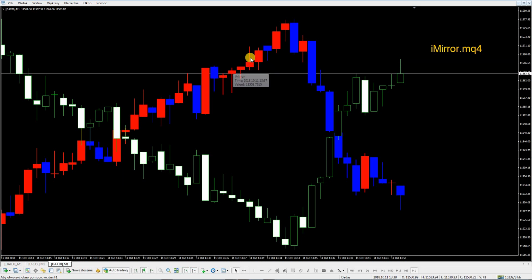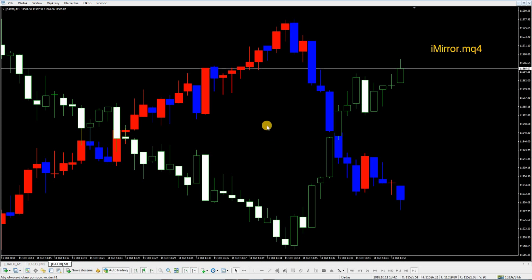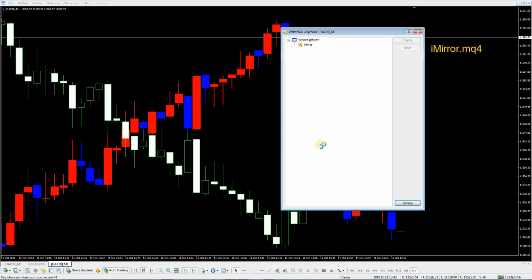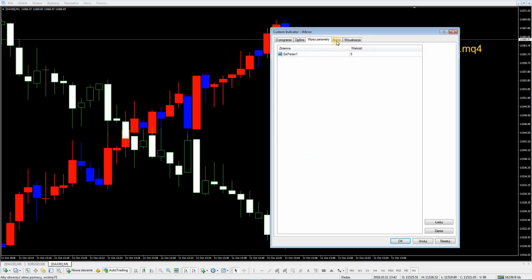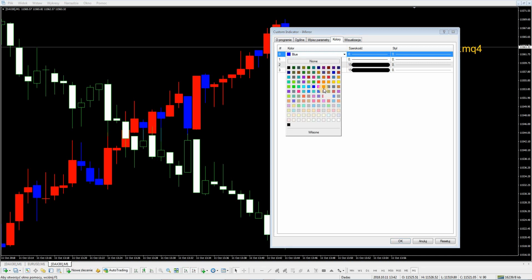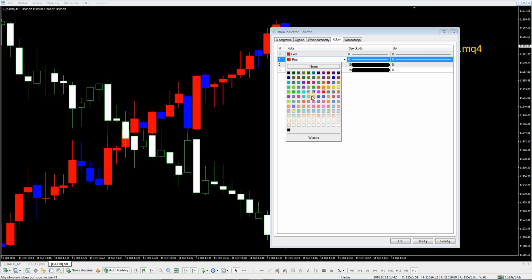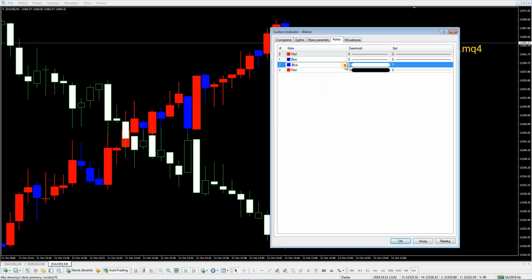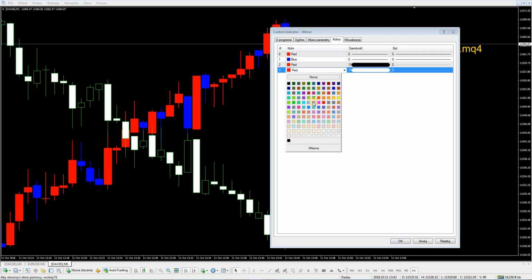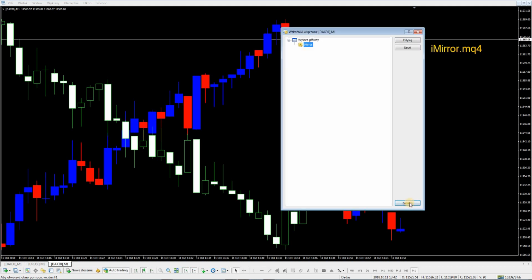Well, the colors are the other way right here, so I can change that in the indicator. Let's see if we can change that right here in the colors. Of course we could change the colors right here. Blue, red, blue, red, blue.